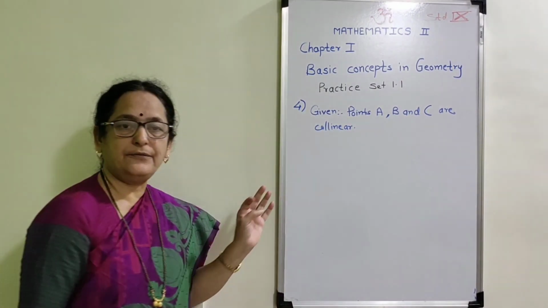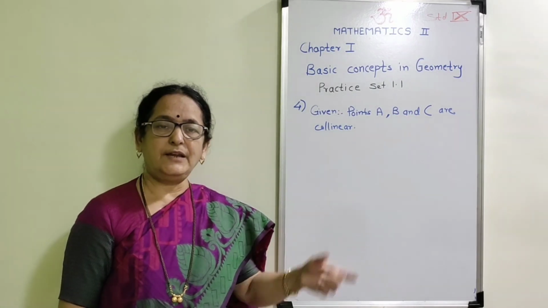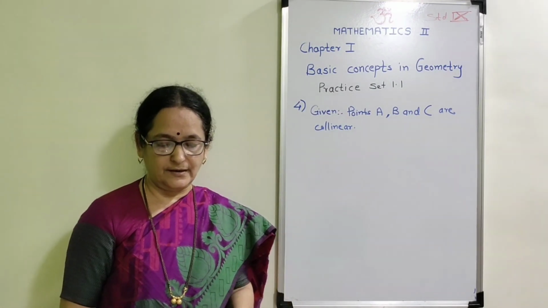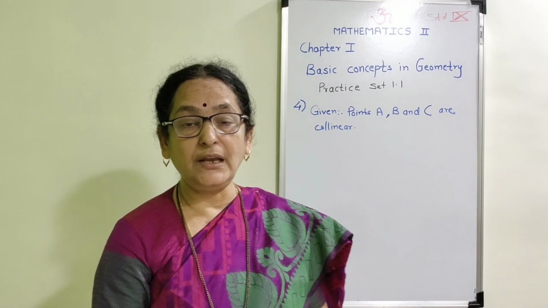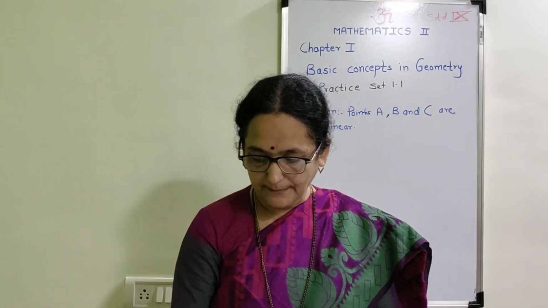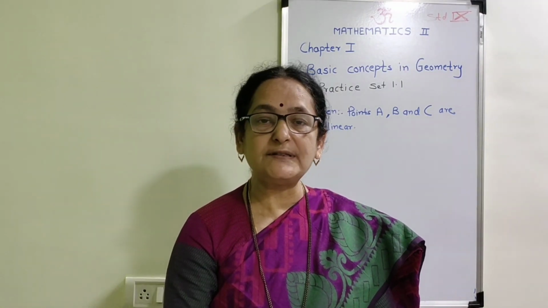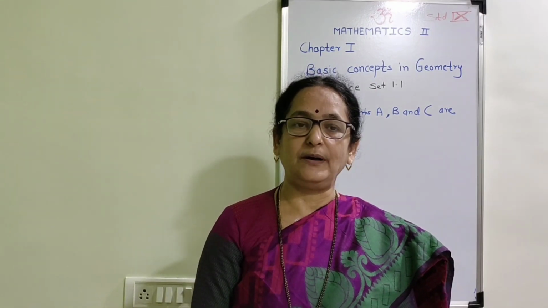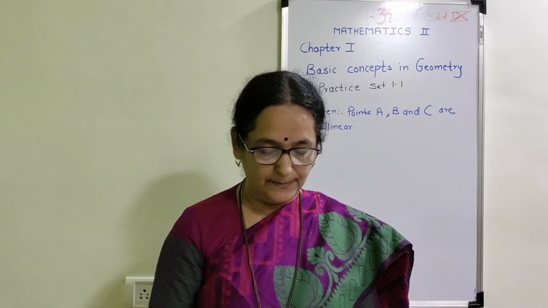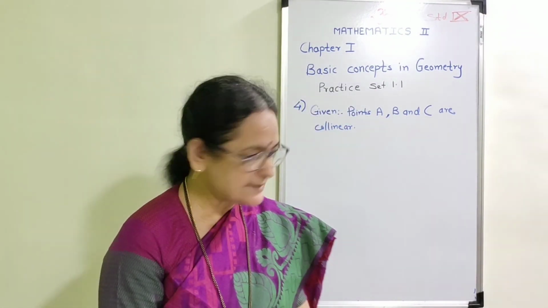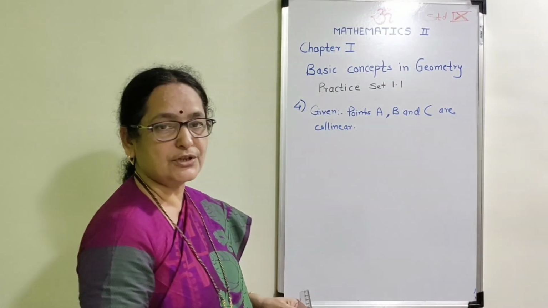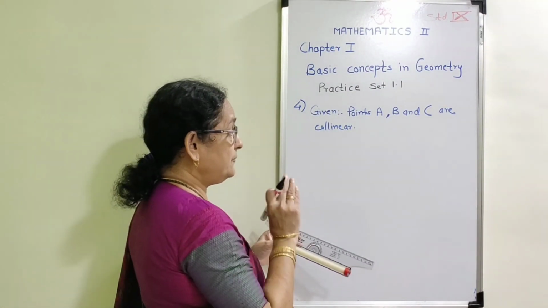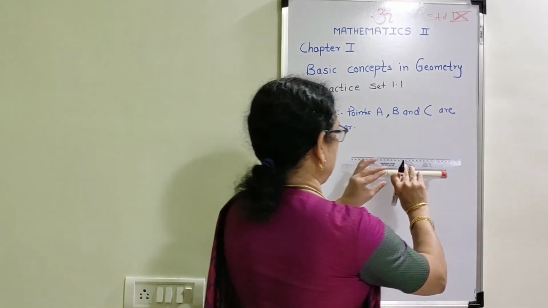With the help of the definition of betweenness, if the 3 points are collinear, then we are having 3 different possibilities. But all the 3 possibilities are not possible for each and every example. Now here we are going to discuss first of all the position of the points. That means which possibilities are possible.